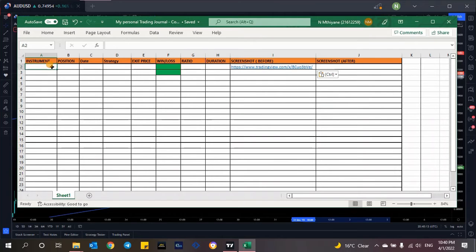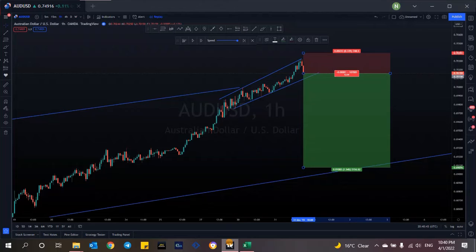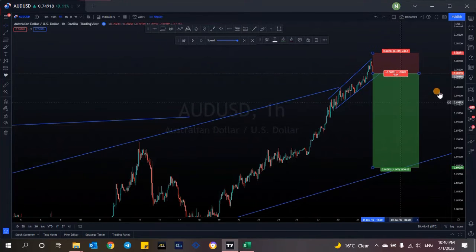My before screenshot instrument is AUD/USD. Position is a short position. Date and strategy, I'm gonna put trade touch structure. Yes, that is all I need for now.